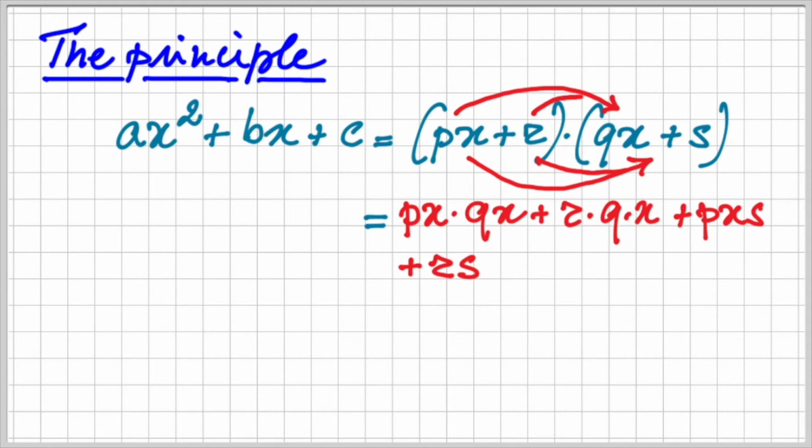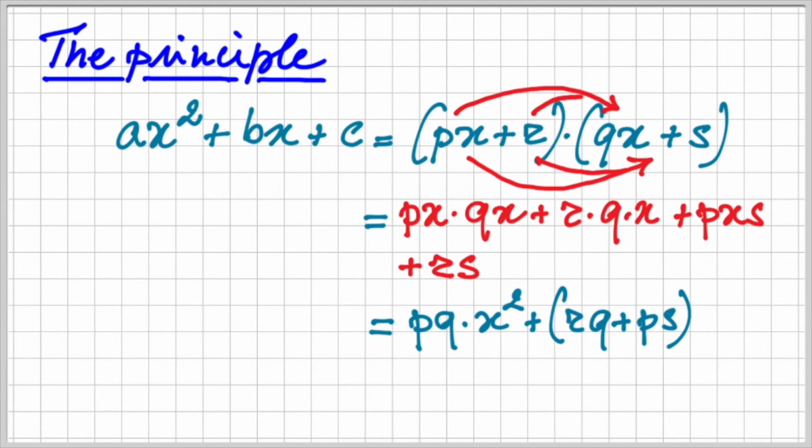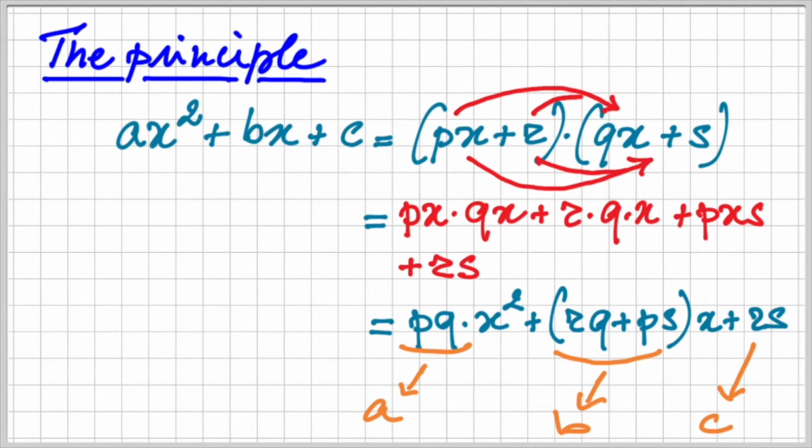And now we are going to group this with the different factors, the coefficients of x squared, x, and x to the power 0. So basically we can rewrite this as pq x squared plus (rq plus ps) times x plus r times s. And we know that p times q is equal to a, rq plus ps is equal to b, and rs is equal to c.